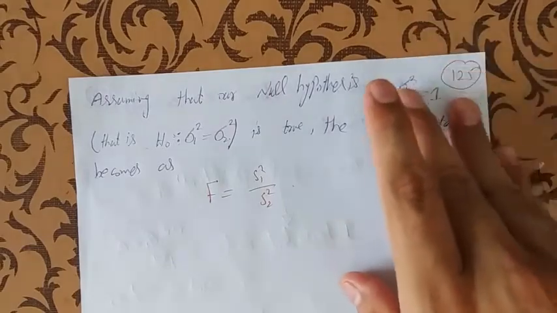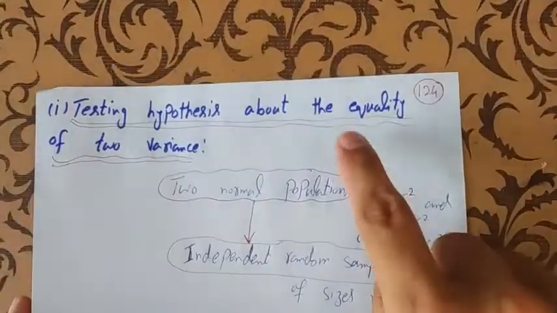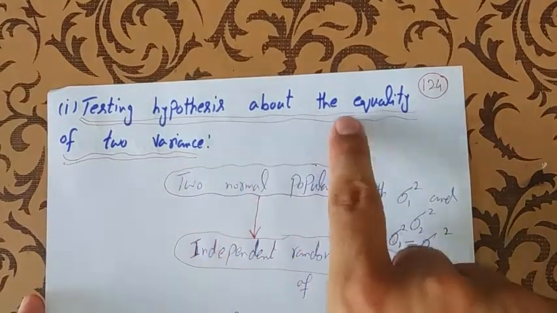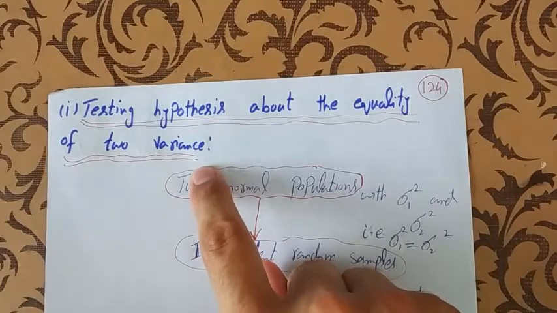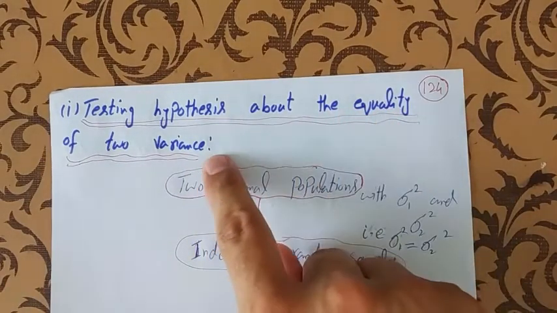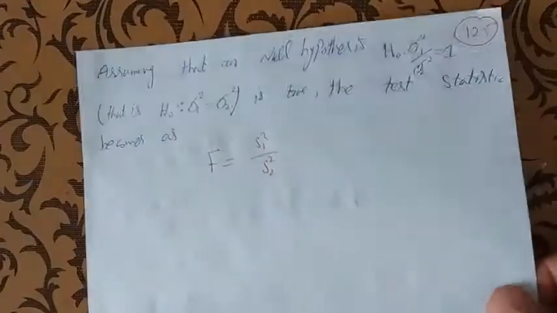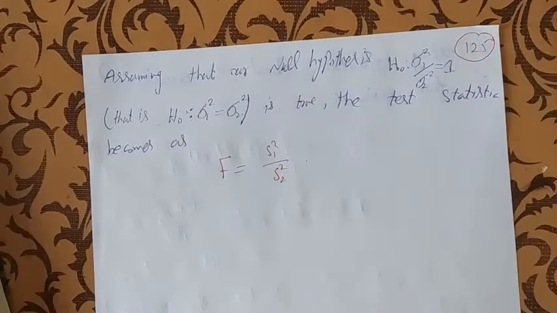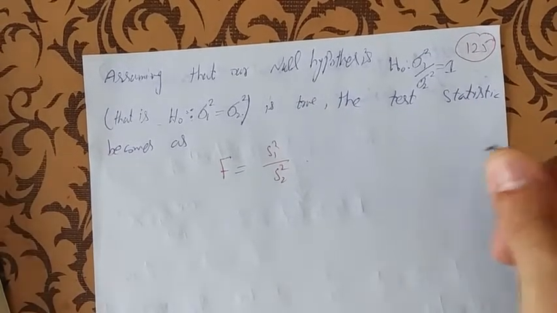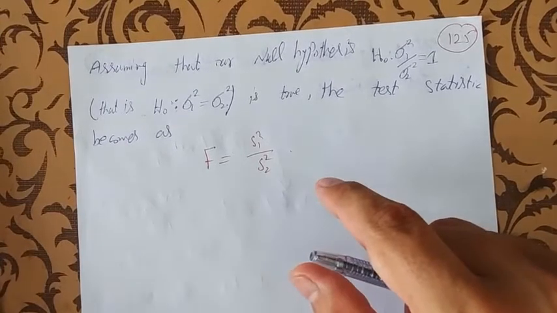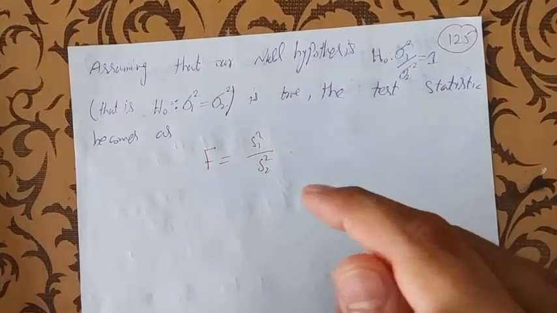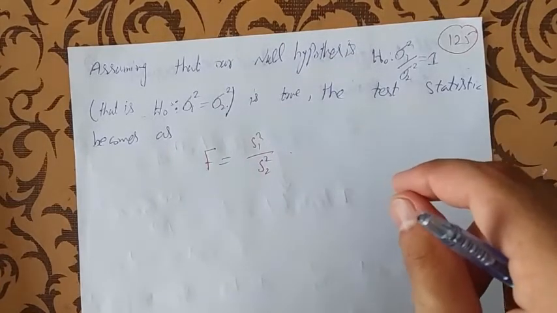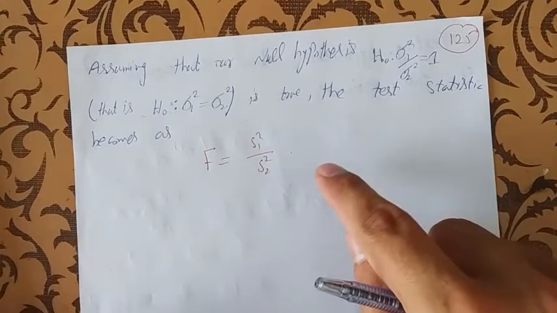So for this test of the F distribution, when testing the equality of two variances, we use the test statistic F is equal to S1 square over S2 square. Now we make the formulation procedure for testing a hypothesis about the equality of two variances.